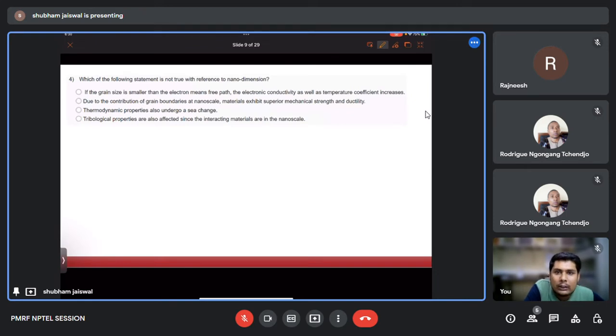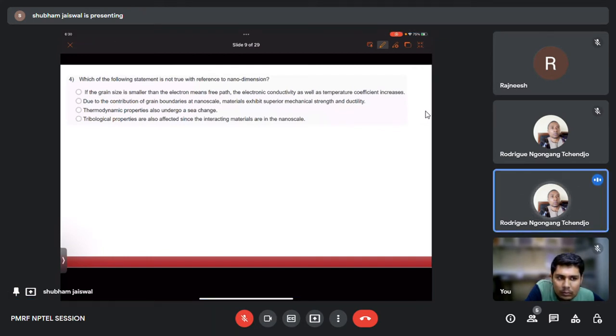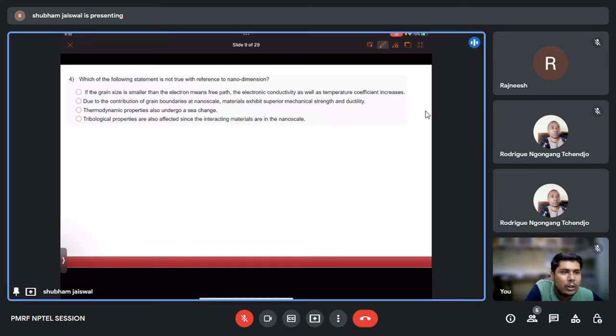Tribological properties are also affected since the interacting materials are in the nanoscale. So what do you think? I think it's the second option, Mr. Roderick. Is there any other option? Anyone? Mr. Rajneesh?